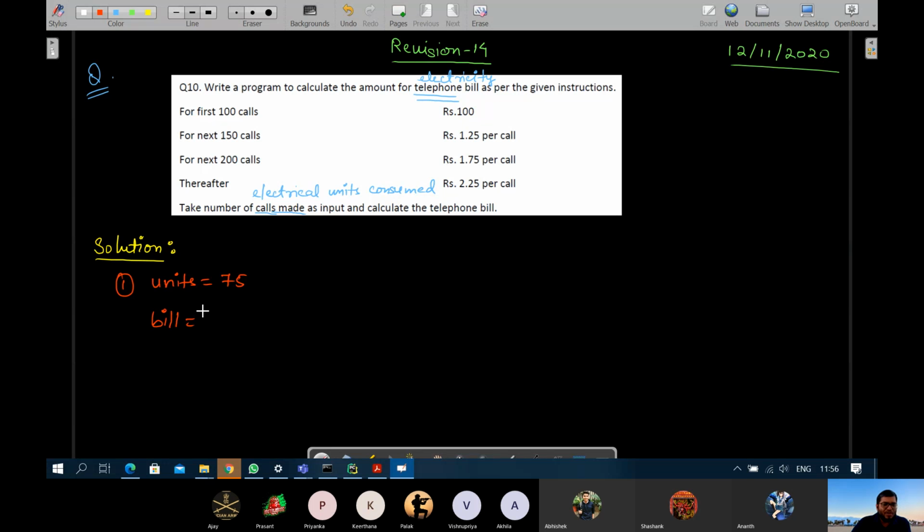So for the first 100 units, even if it is 0, you will pay 100. Even if it is 100, you will pay 100. So between 0 to 100, including both 0 and 100, whatever your billing amount, what will be the amount that you need to pay as electricity bill or telephone call bill? Rupees 100.